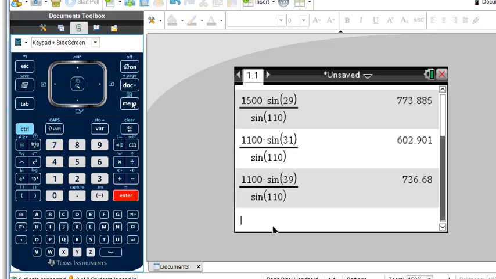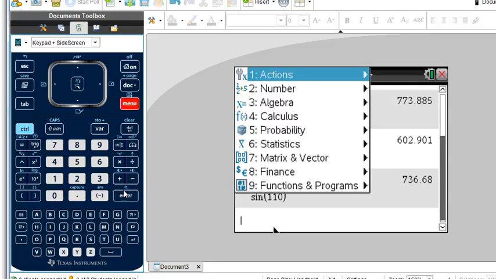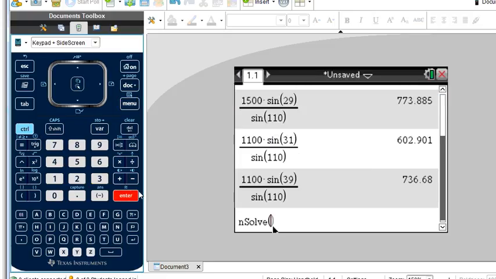To get to numerical solve, we press menu 3, 1.